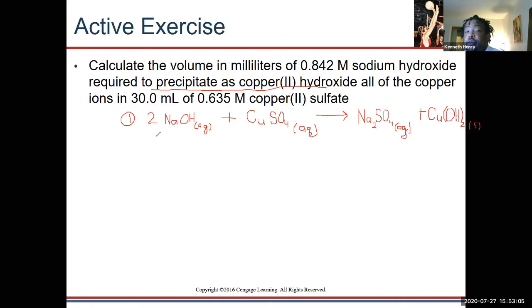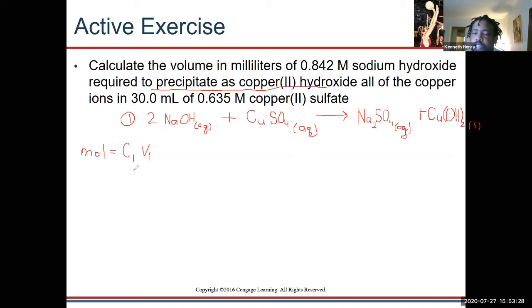So now that we have a balanced equation, we can say that moles is going to be equal to C1V1, right? Is that true?